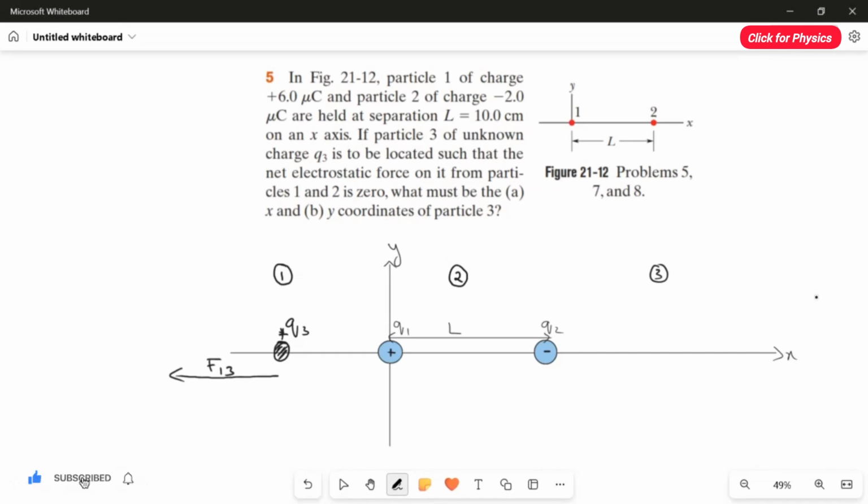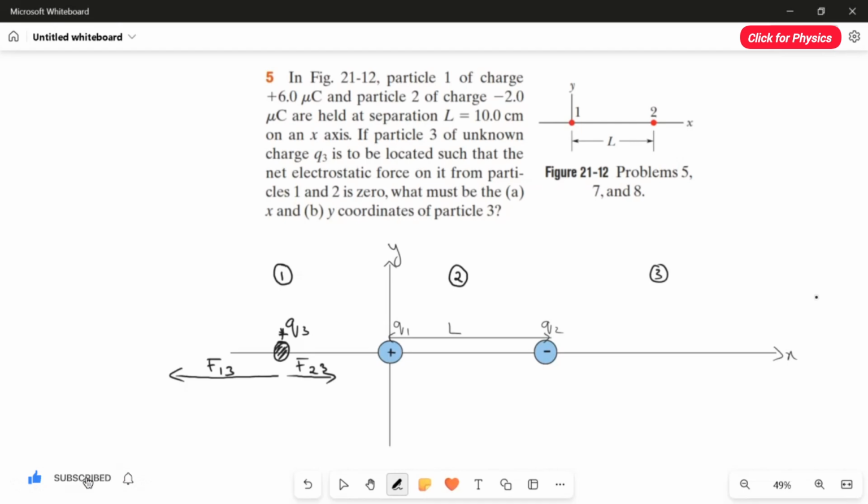When the distance is greater, the electrostatic force between the 2 point charges should be weaker, right? So you have the force of attraction, but it will be very, very small. So this is the arrow for the force of charge 2 on 3. Now you can see my left hand side arrow is greater because the distance between Q1 and Q3 is much shorter.